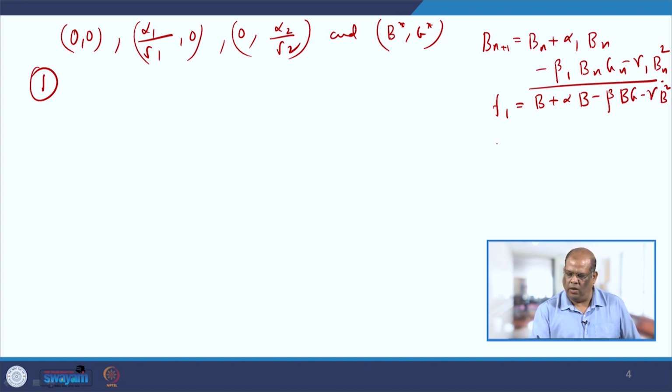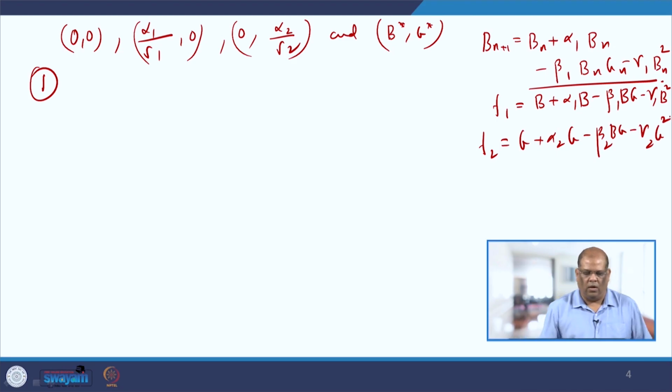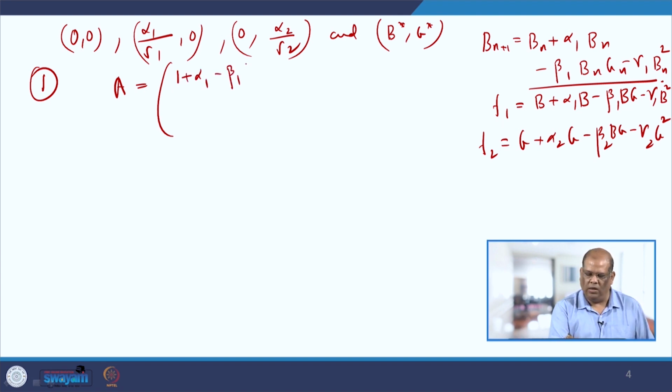Similarly, your f2 is going to be g plus alpha 2 g minus beta 2 bg minus gamma 2 g square. So, the coefficient matrix is going to be, so I differentiate with respect to b: 1 plus alpha 1 minus beta 1 g minus 2 gamma 1 b at the equilibrium point.